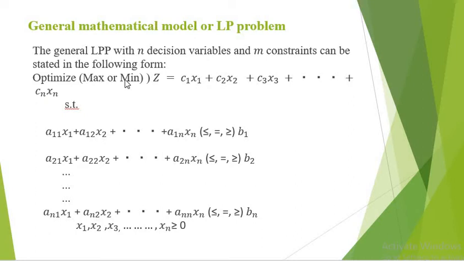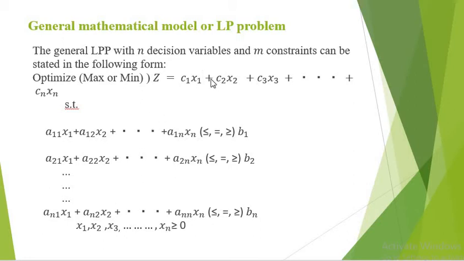Optimize, that means maximize or minimize, z equal to c1x1 plus c2x2 plus c3x3 plus etc. plus cnxn subject to a11x1 plus a12x2 plus etc. plus a1nxn less than or equal to, or sometimes equal to, or greater than or equal to b1, a21x1 plus a22x2 plus etc. plus a2nxn less than or equal to, or equal to, or greater than or equal to b2, etc., an1x1 plus an2x2 plus etc. plus annxn less than or equal to, equal to, or greater than or equal to bn, where x1, x2, x3, etc., xn greater than or equal to 0.